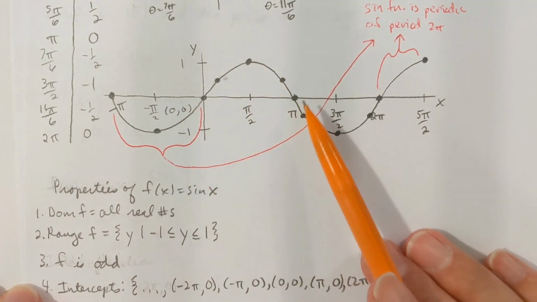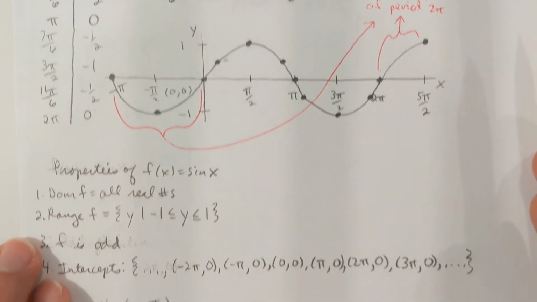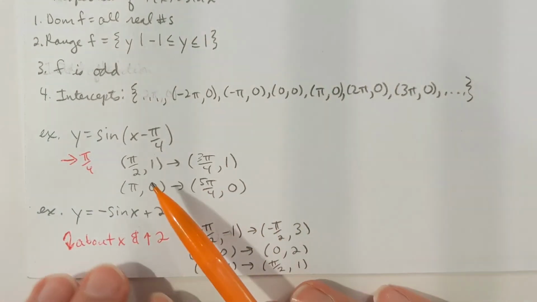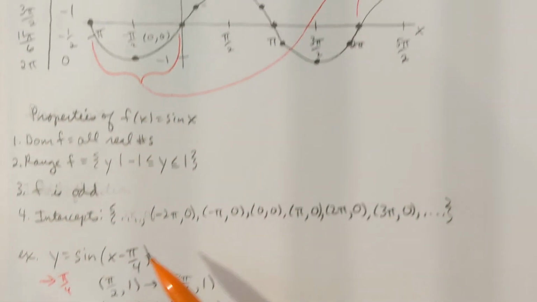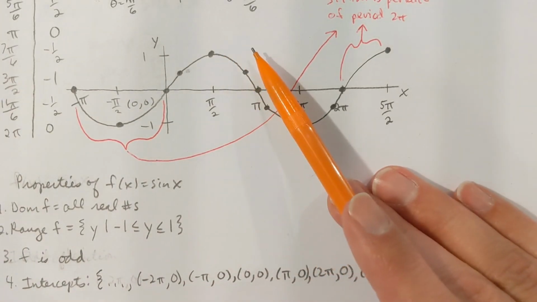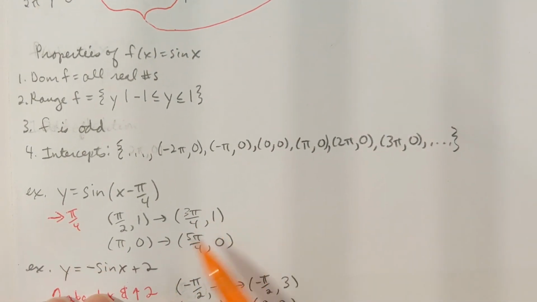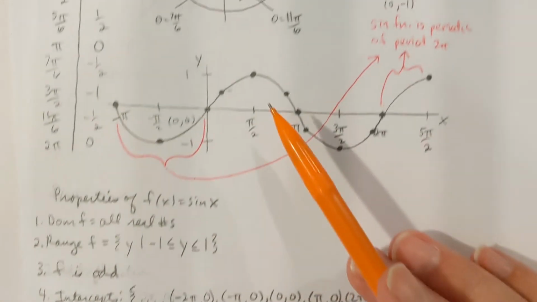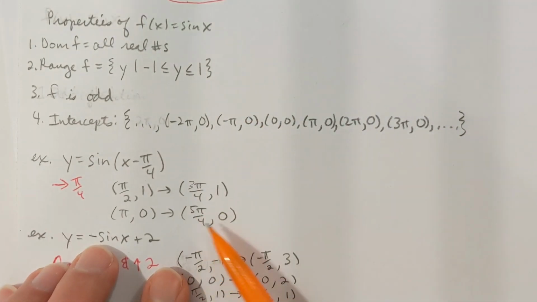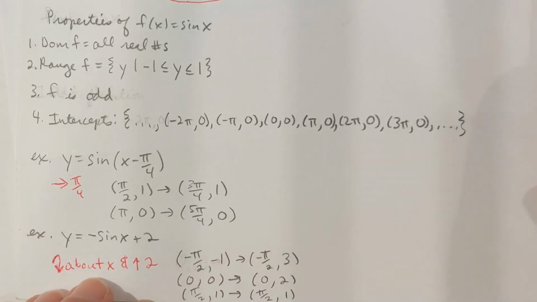So all these points would have to go to the right pi over 4 units. Here's a couple of points that are on the original graph. Pi over 2, 1. When you go to the right pi over 4 units, that'll put you at 3 pi over 4, 1. Here's pi, 0. When you go to the right pi over 4 units, that'll put you at 5 pi over 4, 0, etc.